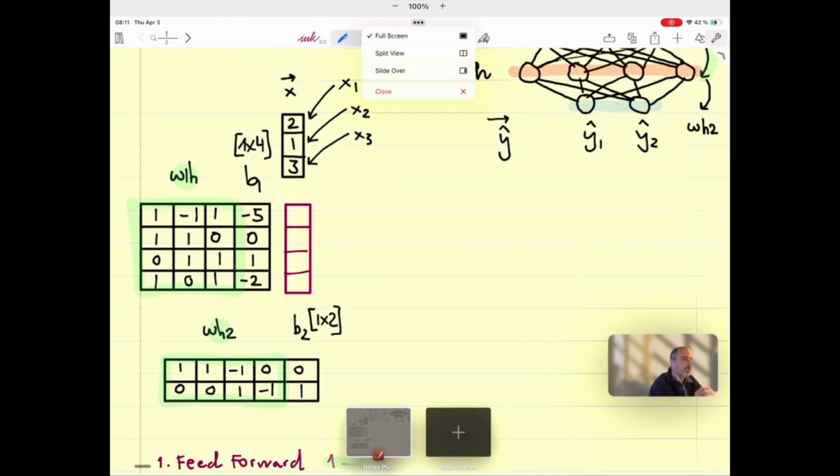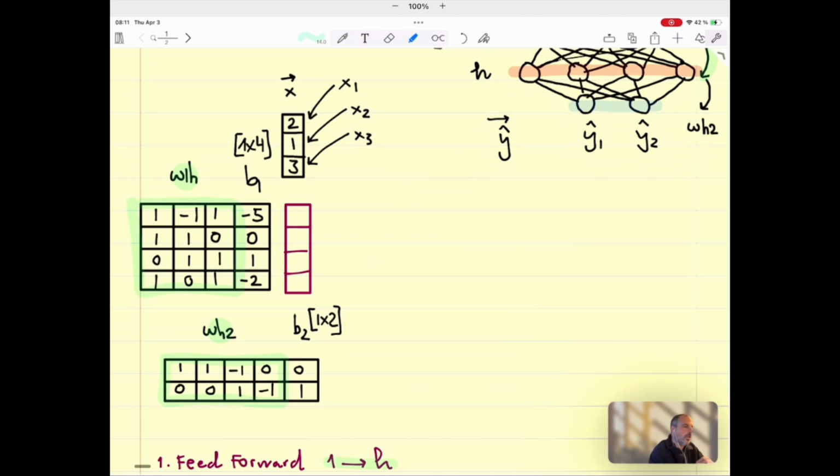So there is no rocket science here. It's multiplying 1 by 2 plus minus 1 plus 1 times 1 plus 1 times 3 and adding minus 5, I guess.